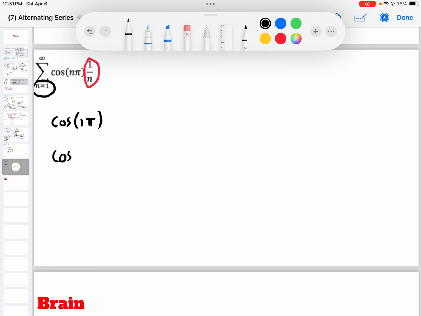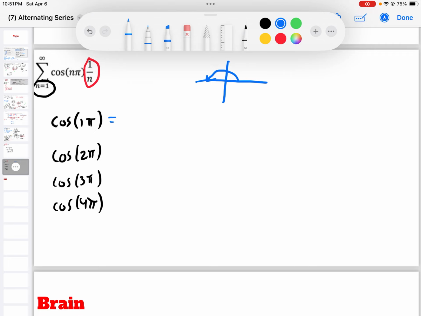Then it would be cosine of, plug in 2, so 2 pi, cosine 3 pi, cosine 4 pi. That's probably enough to see the pattern. Okay, what is cosine of 1 pi? Think of your unit circle. Pi is like the 180 degrees.